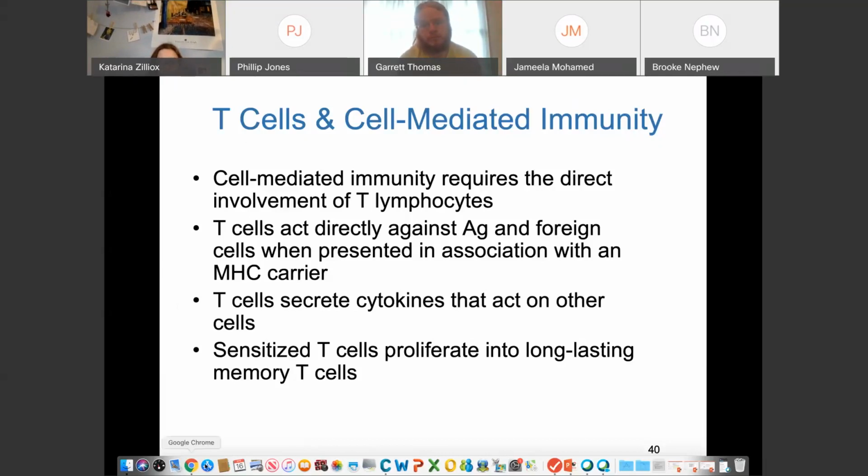Let me see if I can. I guess I'm stuck here. Oh, I'm going to be able to annotate now. That's awesome. That's not what I want. All right, give me a minute here. Why is this bar not going away?